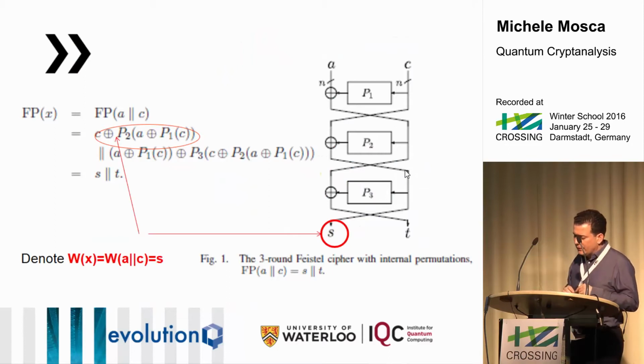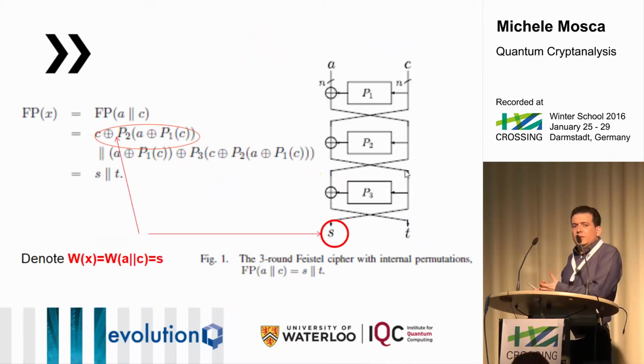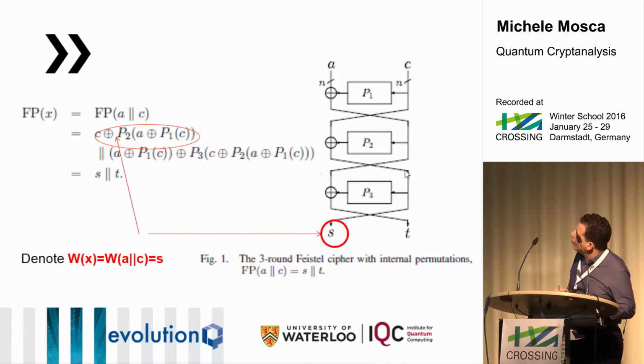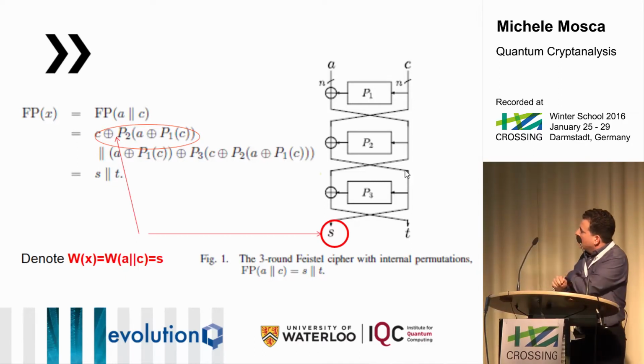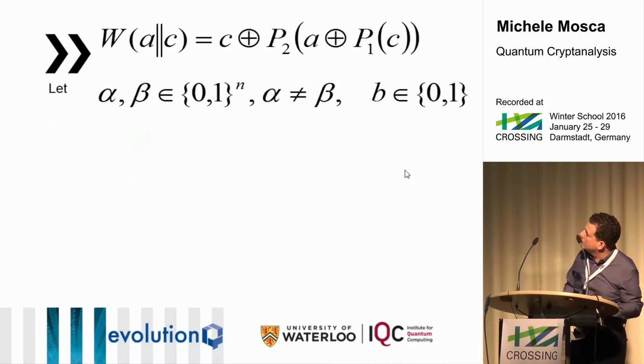So these authors very cleverly convert this into a Simon problem. They define W at x. So W at x takes a 2n bit string and outputs an n bit string. It takes the 2 input parts, but just outputs the S part. That's their definition. And then they let alpha and beta be n-bit strings, and b be a bit.